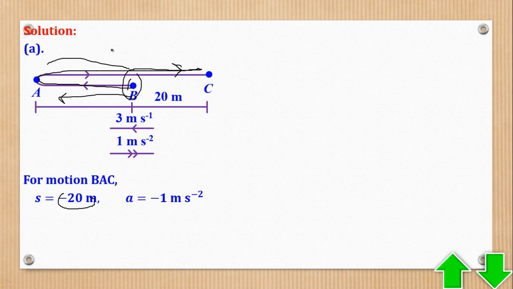So at first the motion was to the left, but now after that it is to the right. So we all know that change of direction is denoted by change of sign. That is why we are taking motion to the right to be negative.